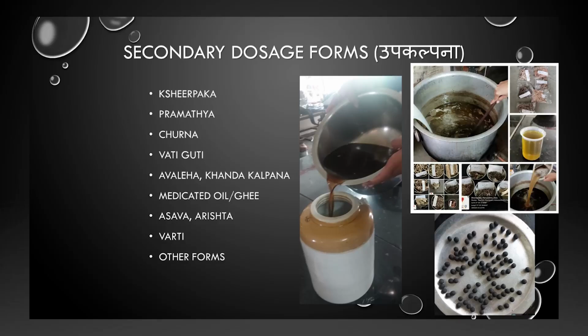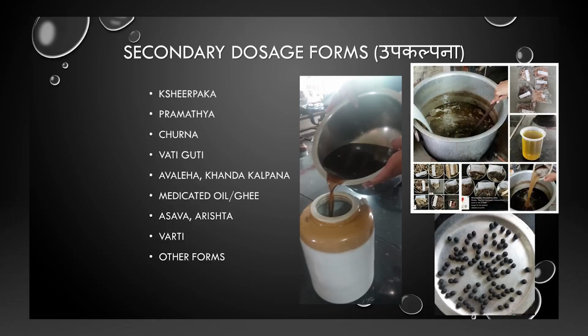So using the base of primary methods, secondary dosage forms of preparation evolved and became popular amongst practitioners. Along with the 5 fundamental dosage forms, the secondary and other dosage forms are called Upakalpana.